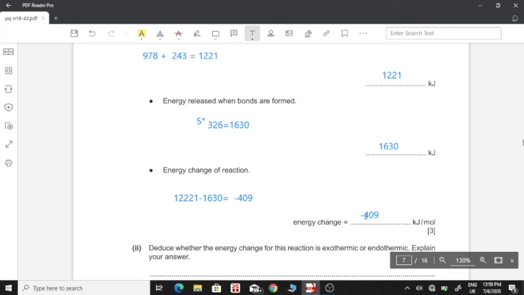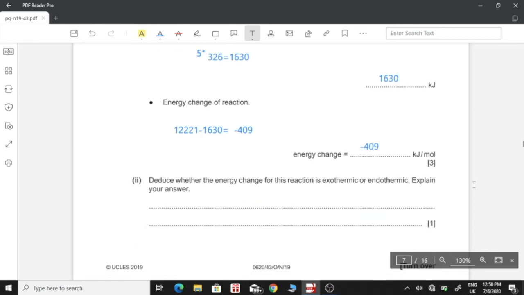Mentioning the negative sign is quite important, since it tells us whether the reaction is exothermic or endothermic. Whenever we have a negative sign in the result, the overall reaction is exothermic, and whenever we have a positive sign, the reaction is endothermic.